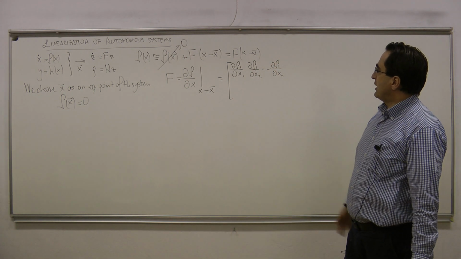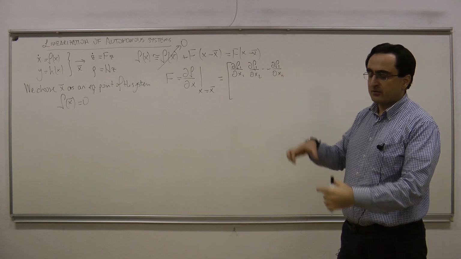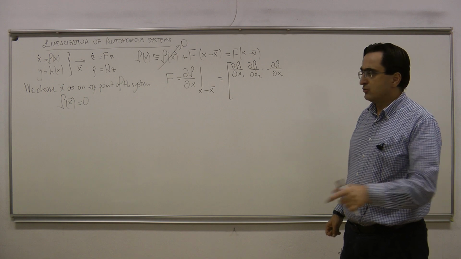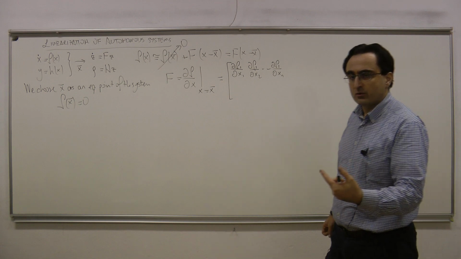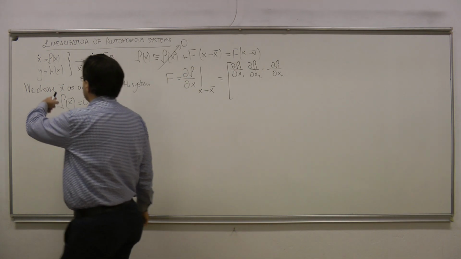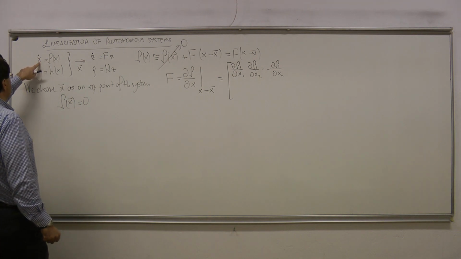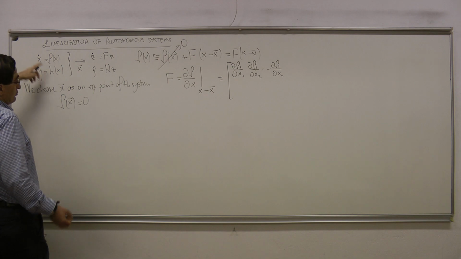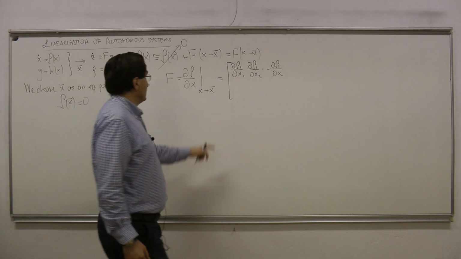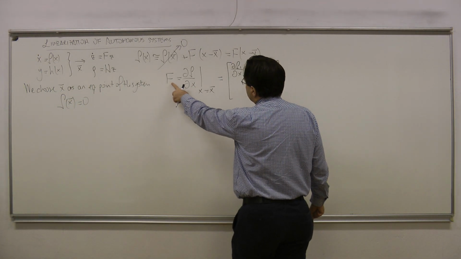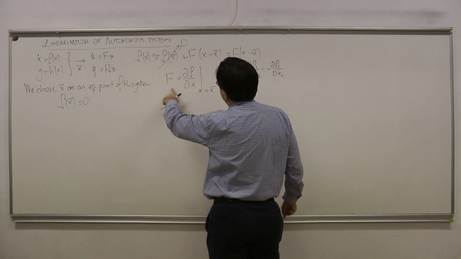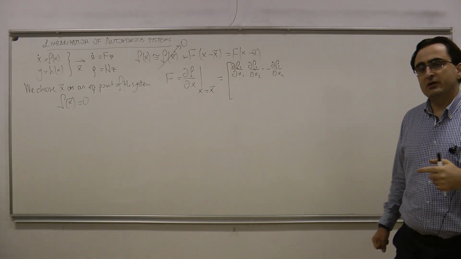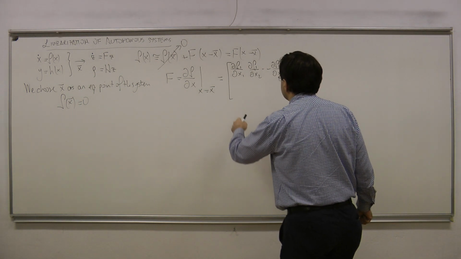This is the general form when f has the dimension n and x has the dimension n. The dimensions of f and dimensions of x should be equal, because you see here that f gives us x dot, so f has the dimension n, and x should have dimension n. That means that the Jacobian matrix of the function f is always a square matrix whose number of rows is equal to the number of its columns.